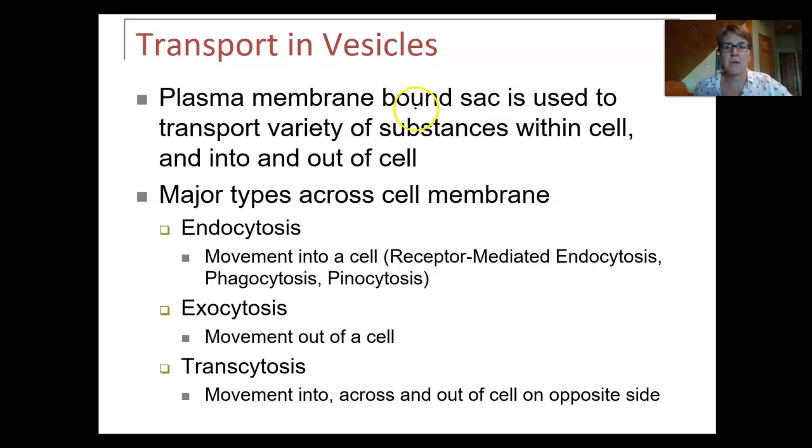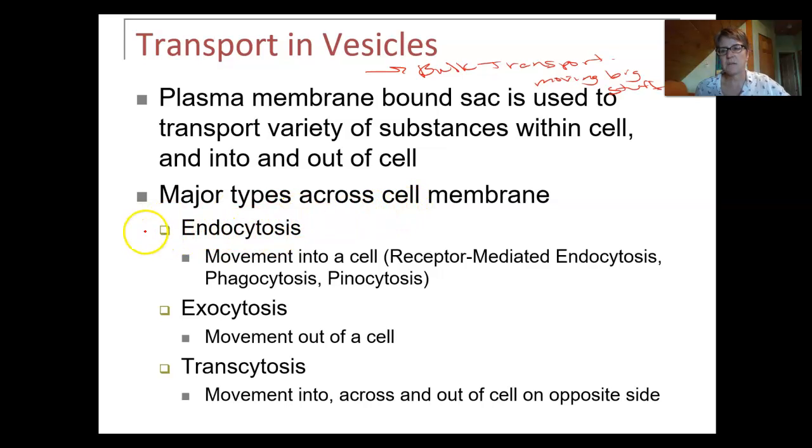It's my moving of big things. It's my bulk transport. Bulk transport means I'm moving big stuff, by wrapping it around, creating a little closet for it out of the plasma membrane, but we'll see that in a minute.